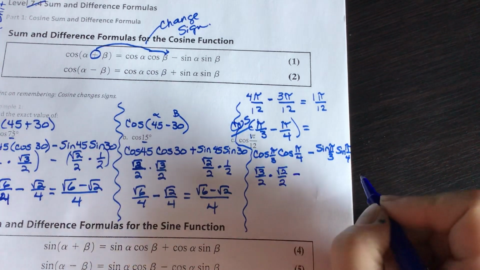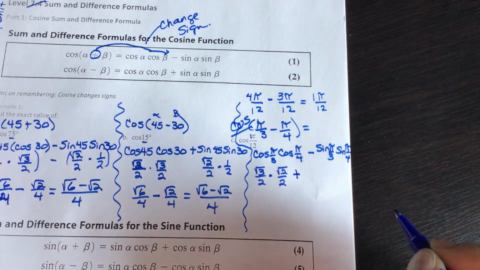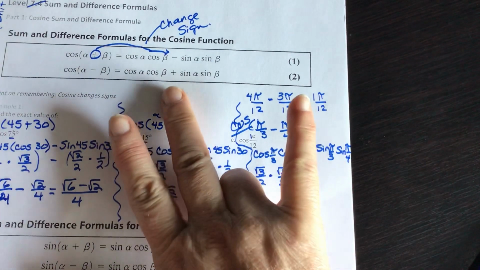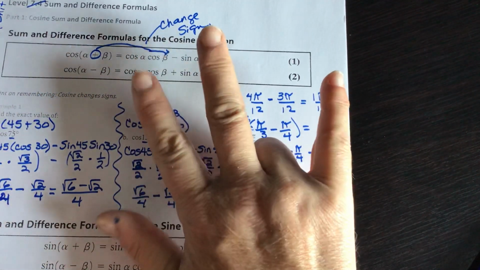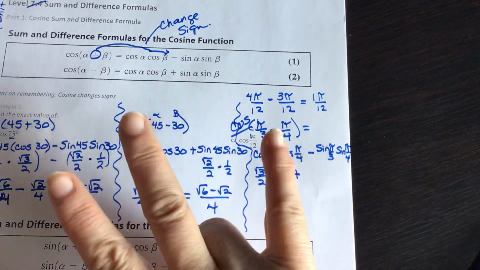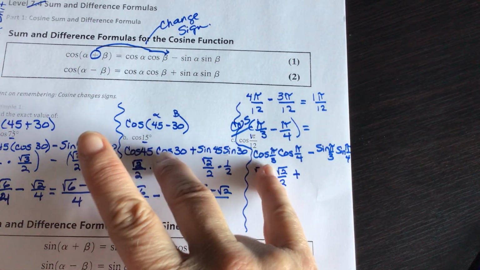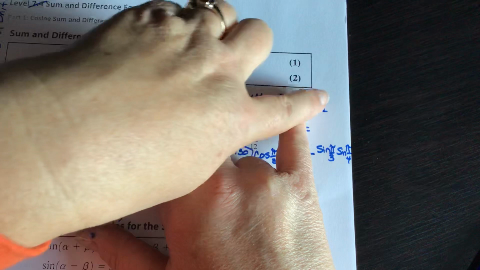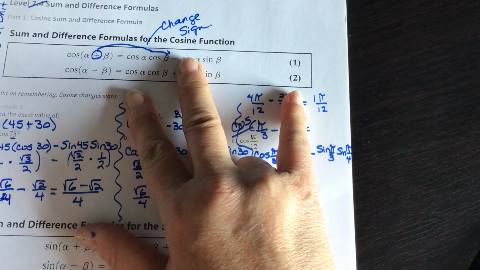And I'm subtracting here, so I'm going to change my sign. So pi over 3, 60 degrees, my sine is square root of 3 over 2. Whoops, I'm sorry, I did that wrong. Cosine of pi over 3 should be 1/2. I should be looking this way for cosine. So this is 1 over square root of 4, or 1 over 2.